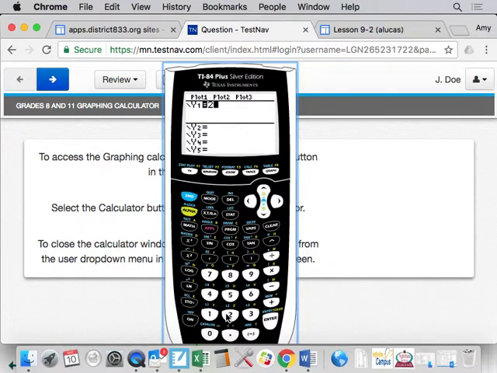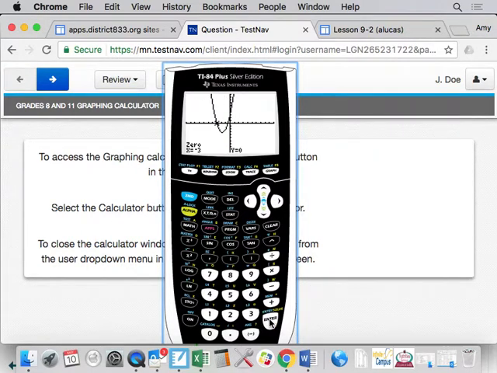Graph. Second, calc. Zeros we're looking for. Move over. Left boundary, enter. Right boundary, enter. Enter again.